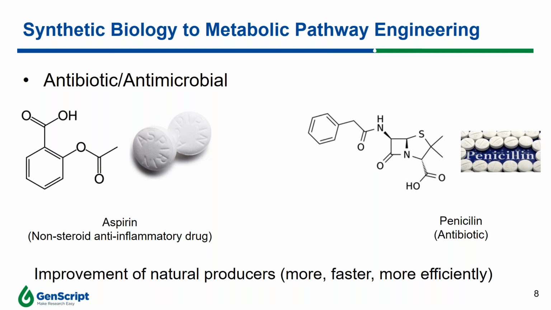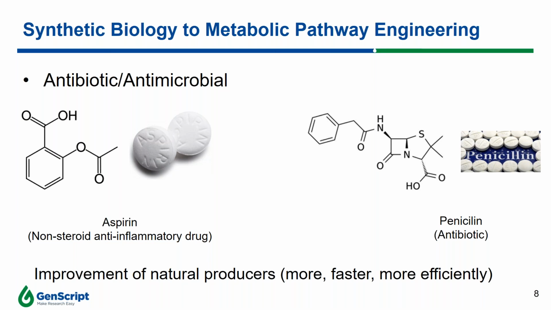Traditionally, when we talk about synthetic chemistry, it is not that synthetic chemistry cannot synthesize these two molecules, but the yield is very low, and it's going to take a lot of steps to obtain the final products. Whereas you can have a biological system that can make them rapidly and produce them commercially in large quantity through fermentation.